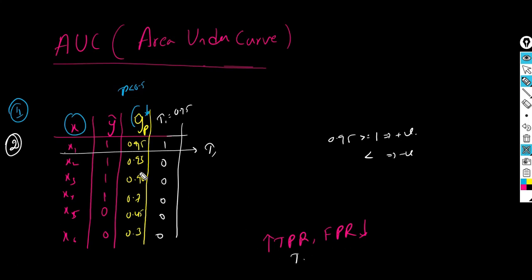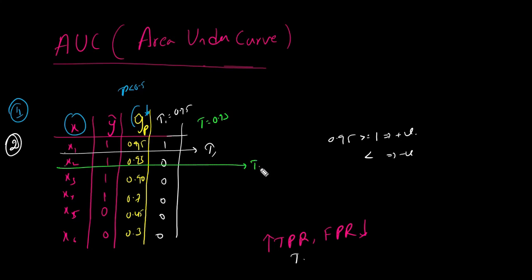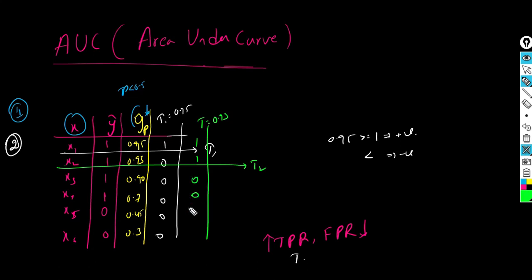Then next we will take another threshold value, 0.93. By taking 0.93 as the threshold value, these two are going to be 1, and the remaining are going to be 0. For this also we find the true positive rate and false positive rate.